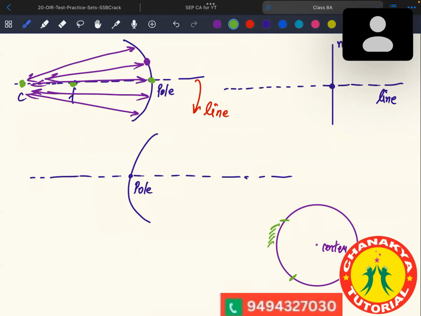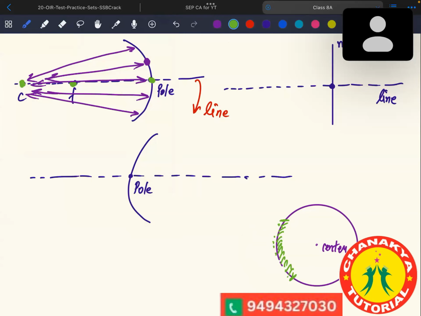If we coat it outside, then it is a concave mirror, and if we coat it inside, then it is a convex mirror.